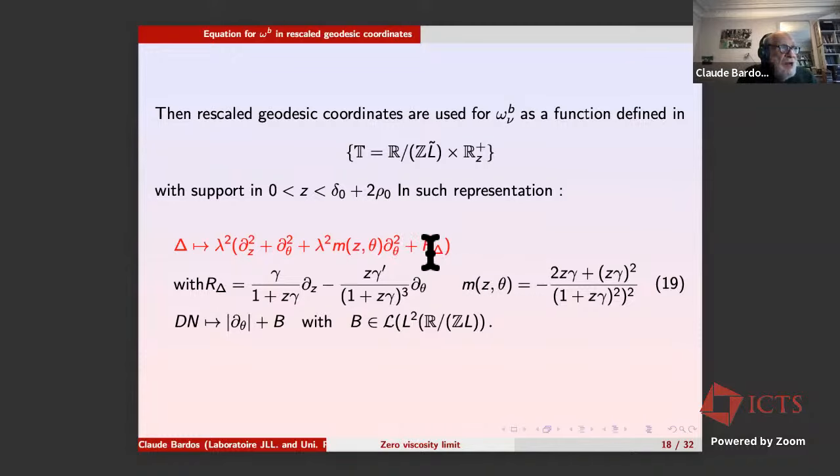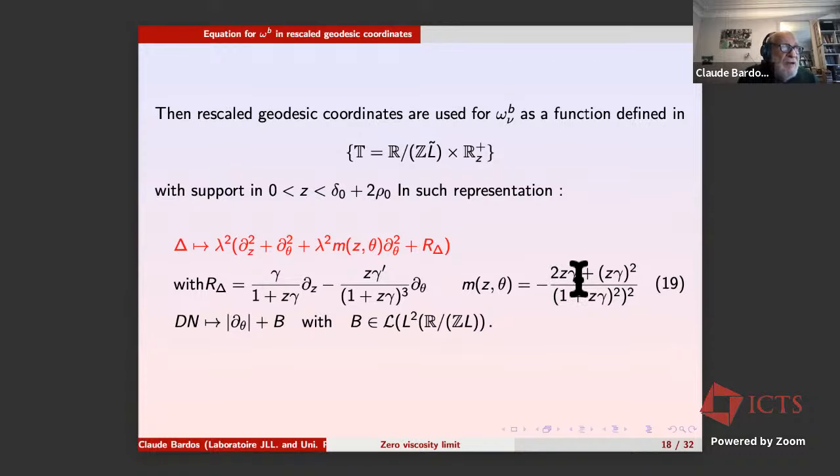There are terms which are negligible, but there's a term that you cannot get rid of immediately, which introduces the second derivative of the time, and which may not be balanced by the first one. But then there is a coefficient here, m of z theta, which has a negative sign, given in the second equation of 19.